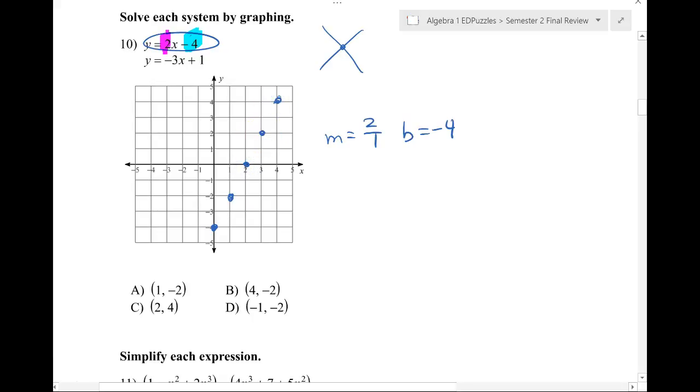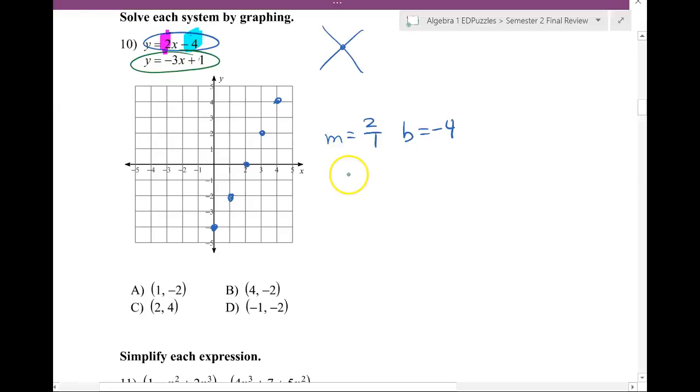And then for the next equation, which I'll do in green, you first start with the intercept, which is b, which is 1. Okay, so we'll start at 1. And then we go to the slope, which is -3 over 1. Okay, so if it's negative, remember rise over run.